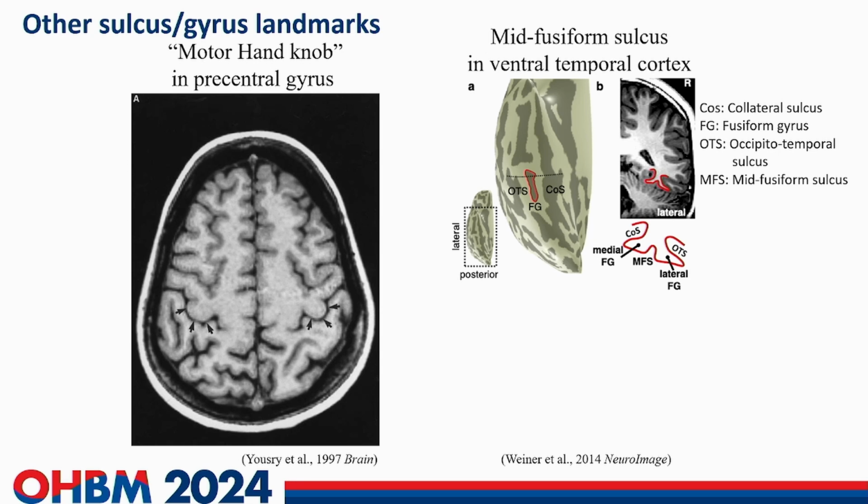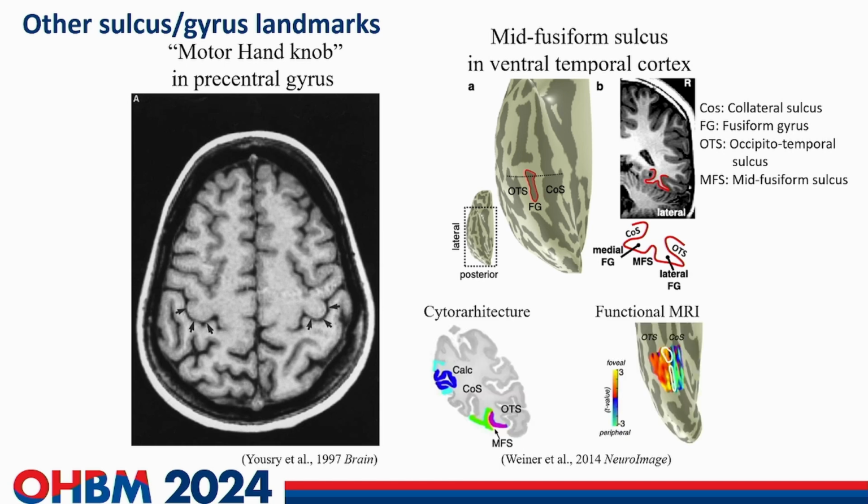This is a paper by Kevin Weiner, Kalanit Grill-Spector, Karl Zilles, Katrin Amunts, and others. They investigated sulcal folding within the fusiform gyrus, because in the human ventral occipitotemporal cortex, the fusiform gyrus is a prominent structure. Within the fusiform gyrus, there is a relatively small sulcus named the mid-fusiform sulcus. They discovered that the mid-fusiform sulcus is a major landmark for distinguishing different cytoarchitectonically defined regions.